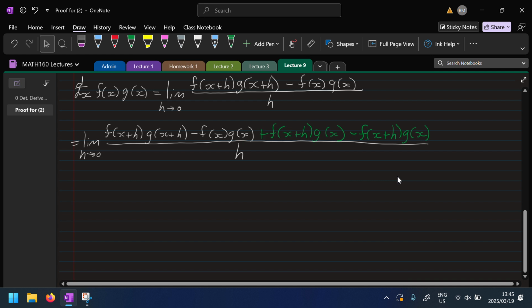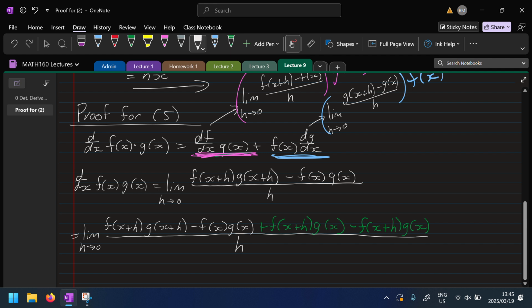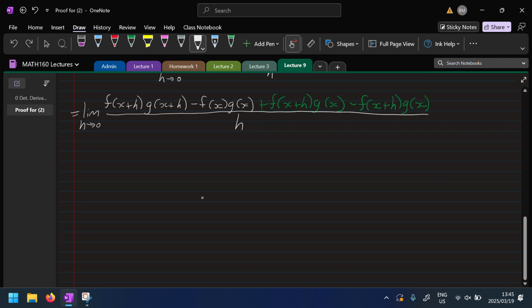We're going to write this as the limit as h goes to 0. Now I'm just going to reorganize the terms a bit. So I'm going to write this as f of x plus h, okay, into g of x plus h minus g of x.